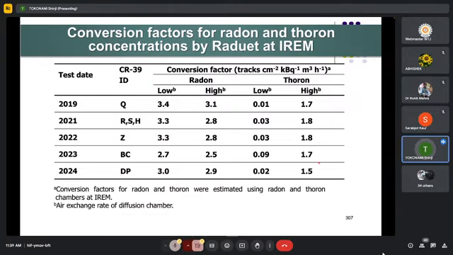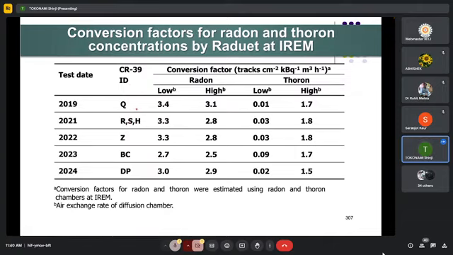These are the conversion factors for radon and thoron concentrations by the radiators in our institute from 2019 to last year, 2024. Here is the CR-39 ID.